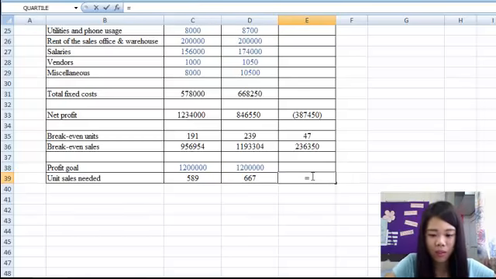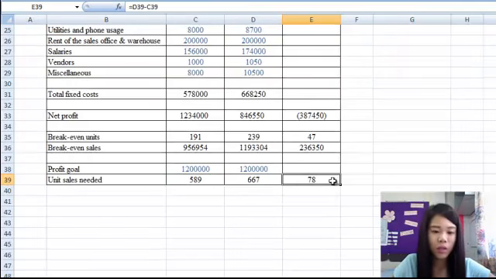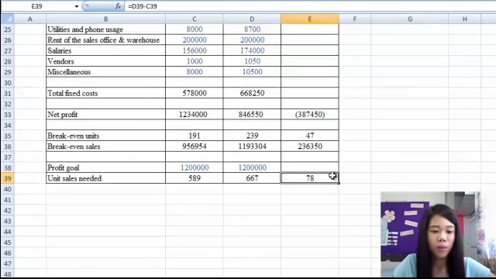Now we calculate the variance: actual unit sales needed minus budgeted unit sales needed. So this is the difference of unit sales needed for the actual production and budgeted production.